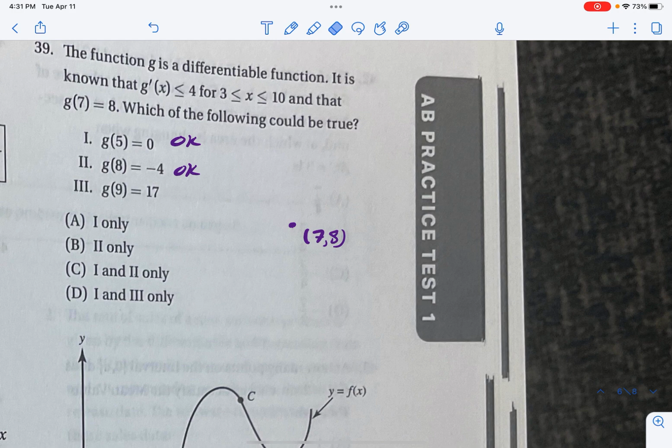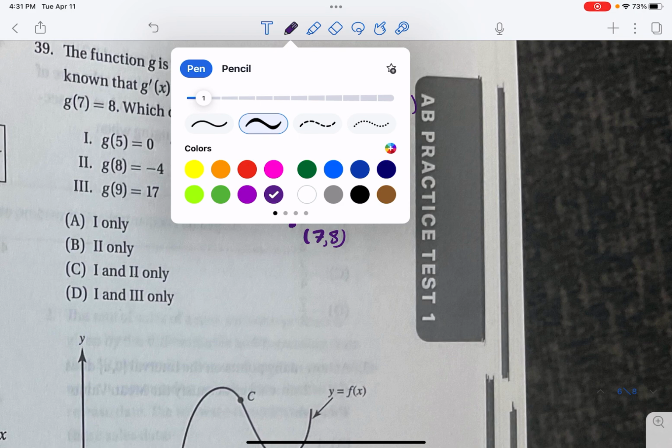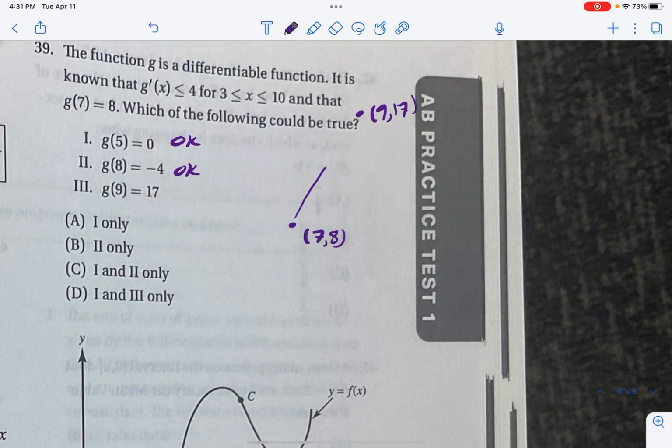Could we have g of 9 is 17? So what's happening is here, the average rate of change would be 9 over 2, which is 4.5. The mean value theorem says the average rate of change always happens for a differentiable function.